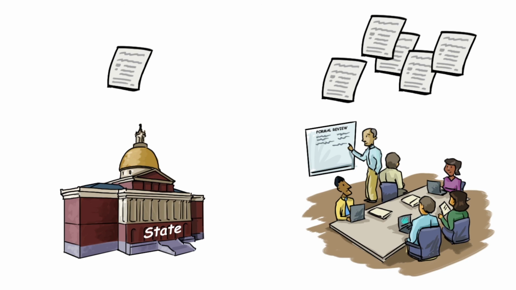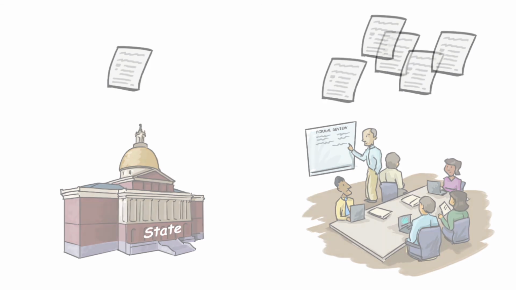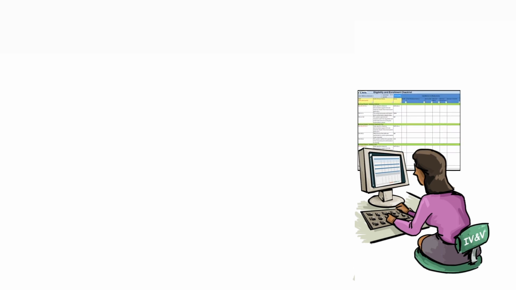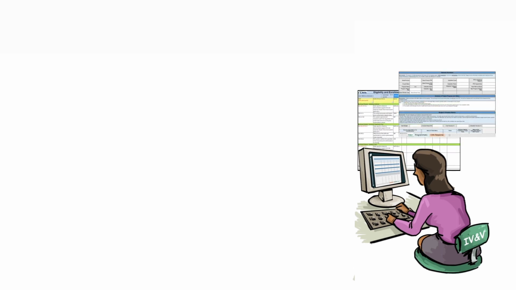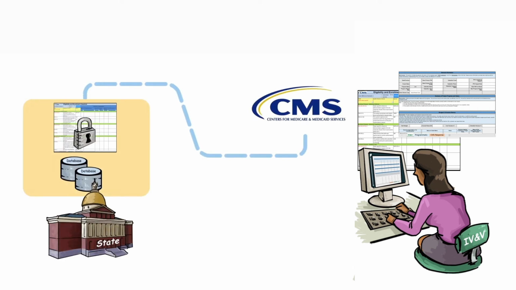CMS will work with the state to schedule the review and arrange logistics. When requesting a review, the state needs to ensure that the IV&V contractor has sent all completed checklists and the progress report, and the state has granted CMS access to the checklist evidence and all artifacts for the milestone review. No reviews will be scheduled until these actions have been completed.